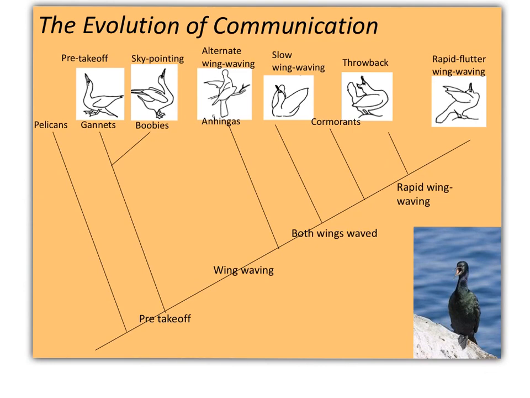evolution of communication. So here we have the old comparative method, right? And we're looking at, let's say, how in a group of related birds, shorebirds or ocean birds, they have developed these alternate forms of communication. So at the base are pelicans and gannets, and then they do certain things pre-takeoff. They do sky pointing, the boobies, alternate wing waving, slow wing waving, throwback, rapid flutter.